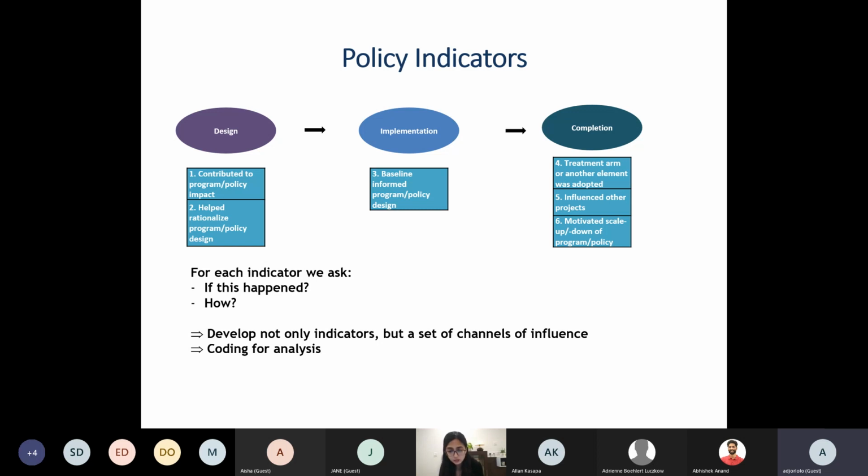So, can any of you give me examples where evidence or some research led to actual policy change, or even if it did not lead to actual policy change, there was an effort to have that evidence lead to a policy change? Because a lot of times evidence is great, but it's not implemented. So, can any of you give me an example of policy influence, or the channels through which the policy influence happened?